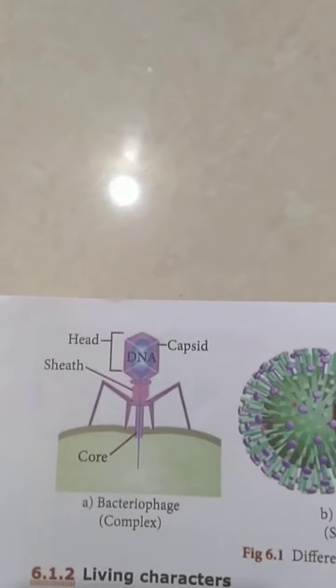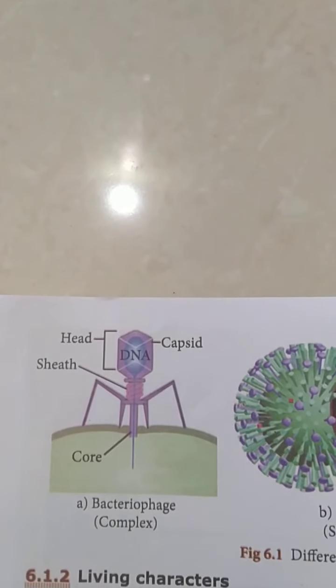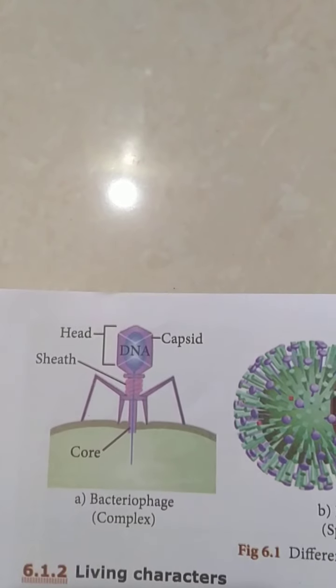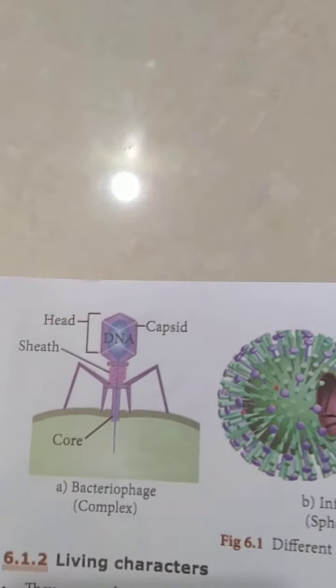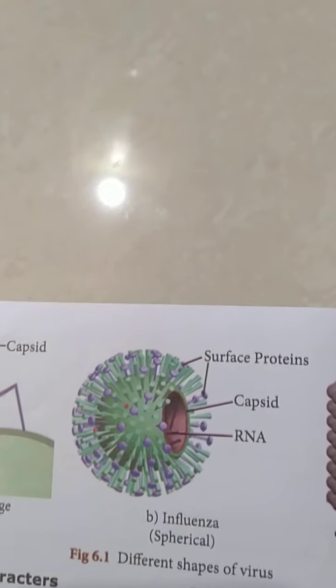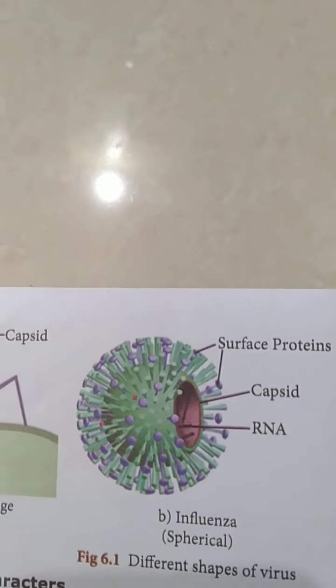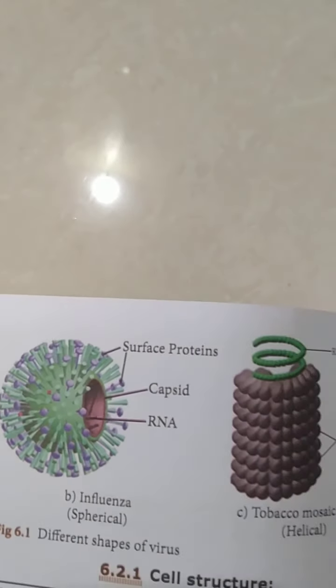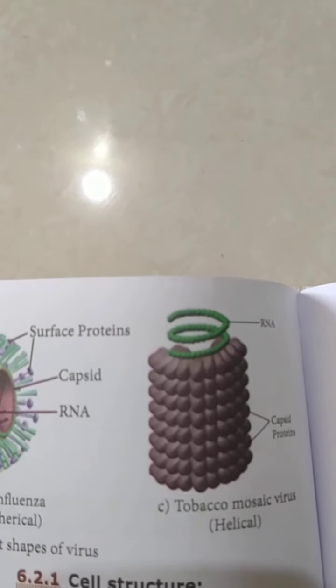These are the different shapes of viruses. See, this is the bacteriophage, also called complex. Another one, influenza, is spherical in shape. Next, the tobacco mosaic virus is helical in shape.